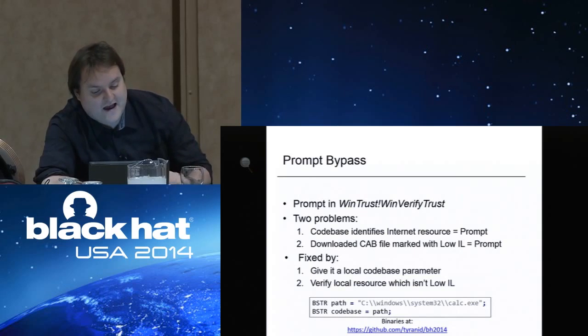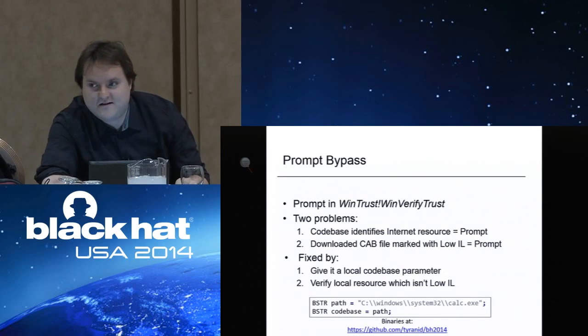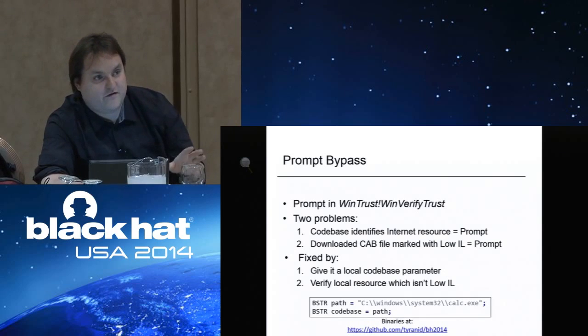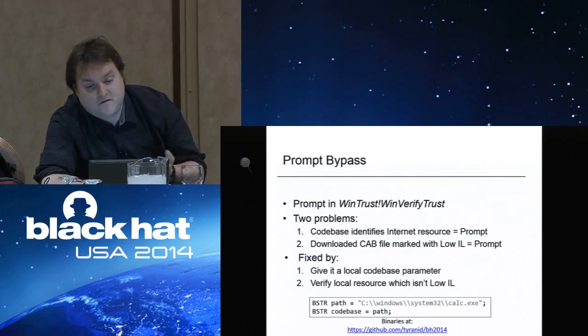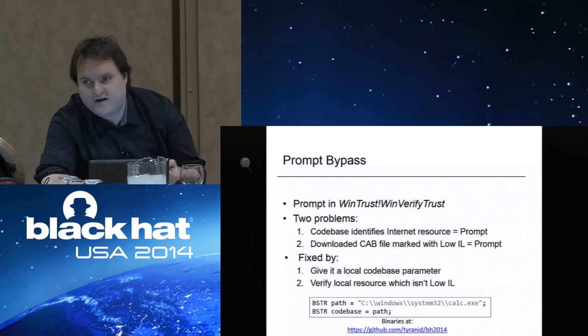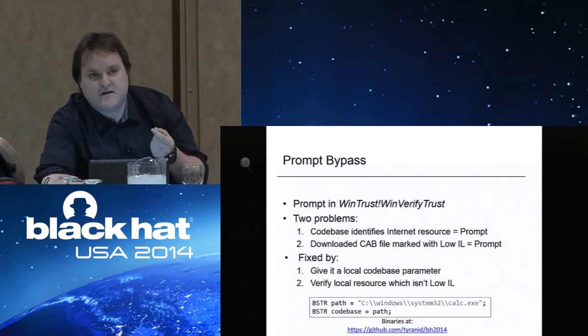But it turns out that the way in which it verifies whether it needs to prompt you was slightly lacking in its implementation. There were two parameters I managed to identify. Based on when I pushed it through, I could see these parameters being passed, and I could then infer what their purpose was. The first one is code base, and the code base defines where this piece of code came from.